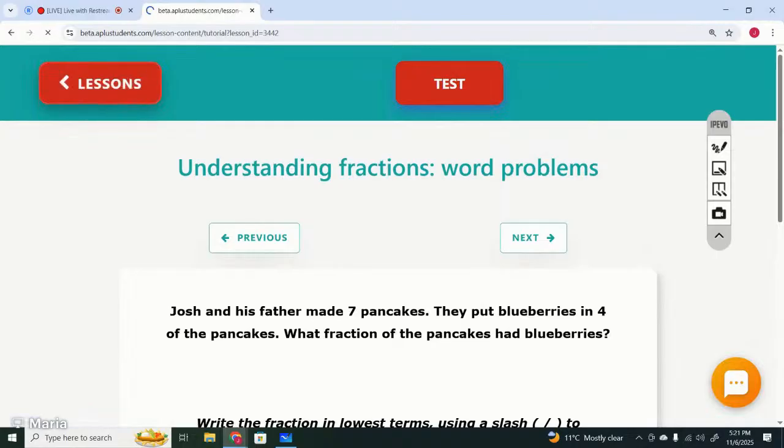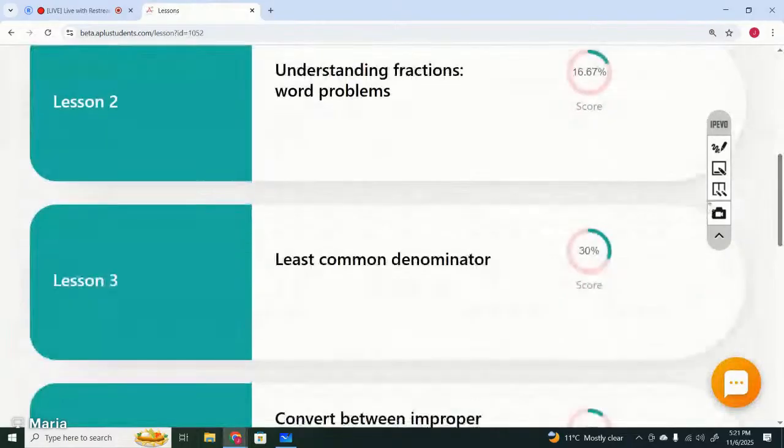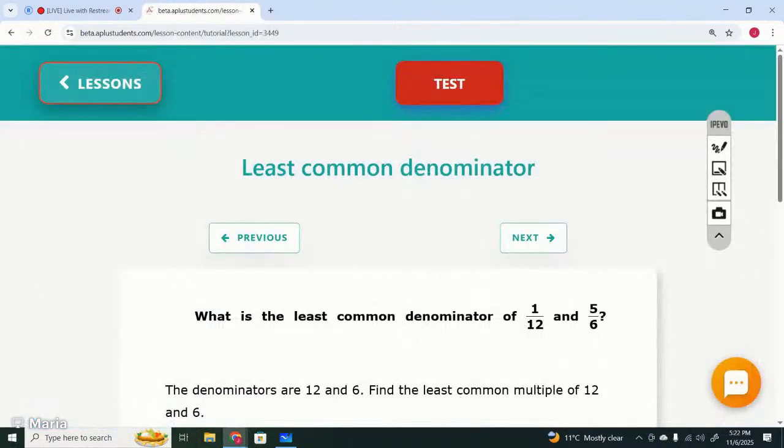The next lesson is least common denominator. So now we're going to learn how to calculate the least common denominator.